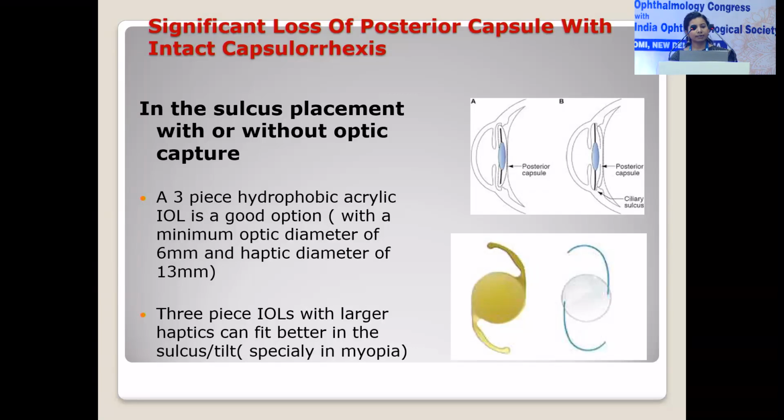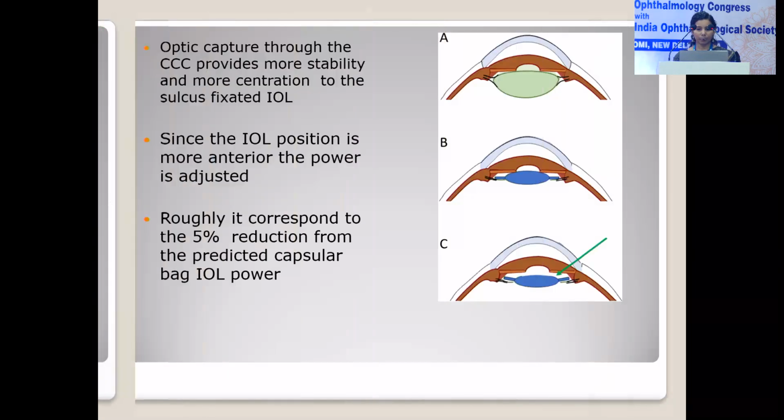If there is significant loss of posterior capsule with intact capsulorhexis, sulcus placement with or without optic capture is the best option. Here the three-piece hydrophobic intraocular lens is always preferred, as it fits better in the sulcus. While the single-piece lens, which is smaller in size, usually gets decentered, and its thicker haptic may cause iris chafing.